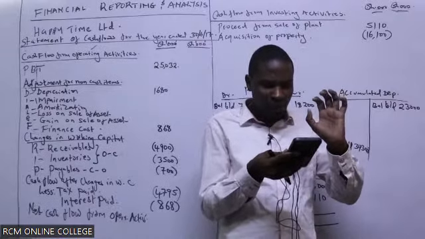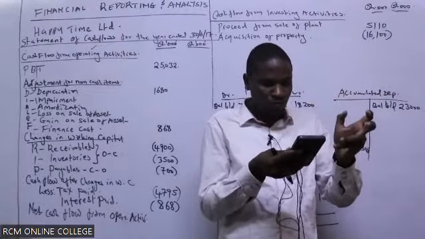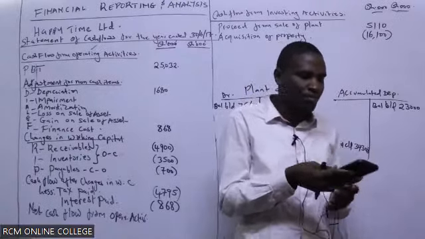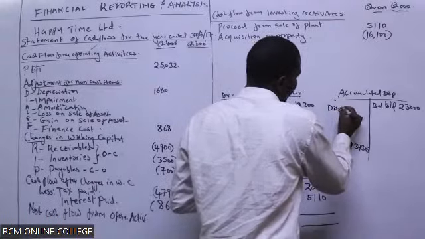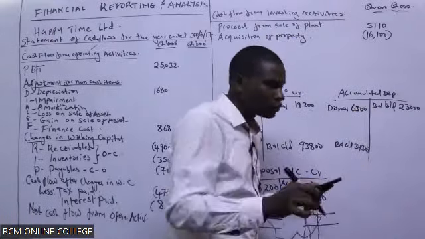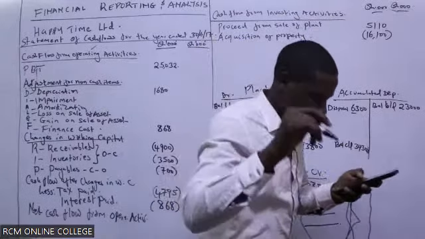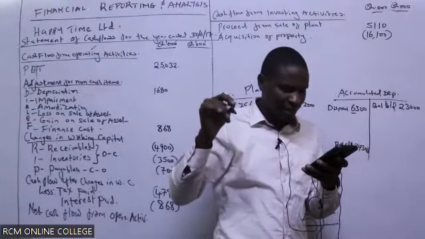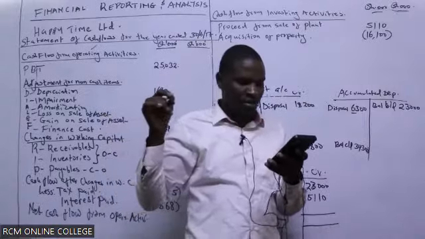So during disposal, our plant had accumulated depreciation of 6,300. The disposal proceeds amounted to 5,110.